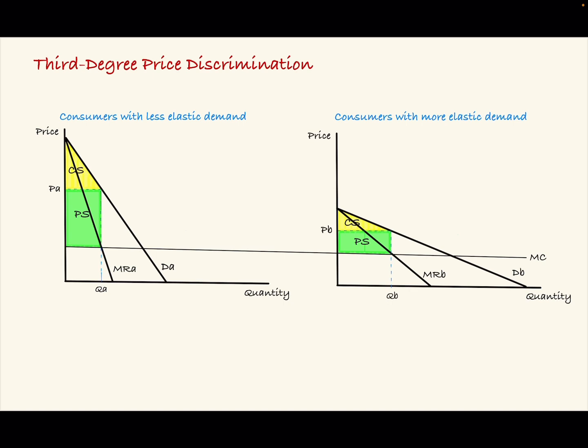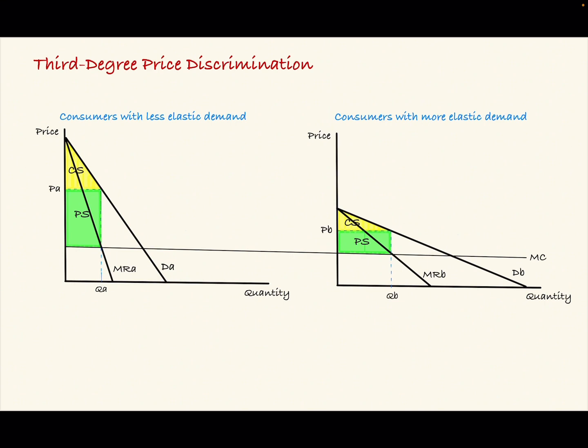On the right, we have consumers with more elastic demand given its flatter demand curve. Now let's just say this producer has a constant marginal cost, regardless of the consumer's demand. So, we represent marginal cost as a flat horizontal line.